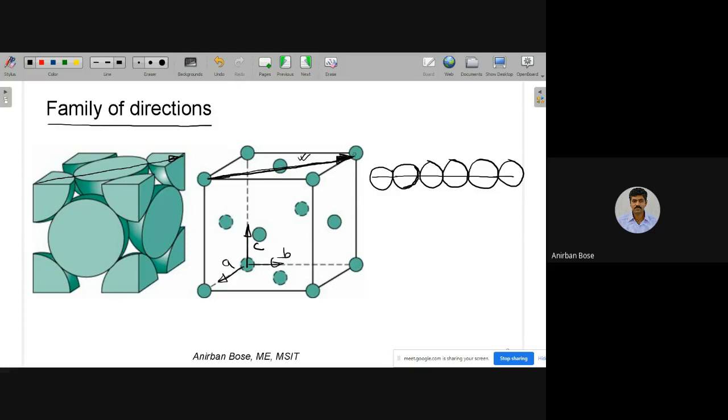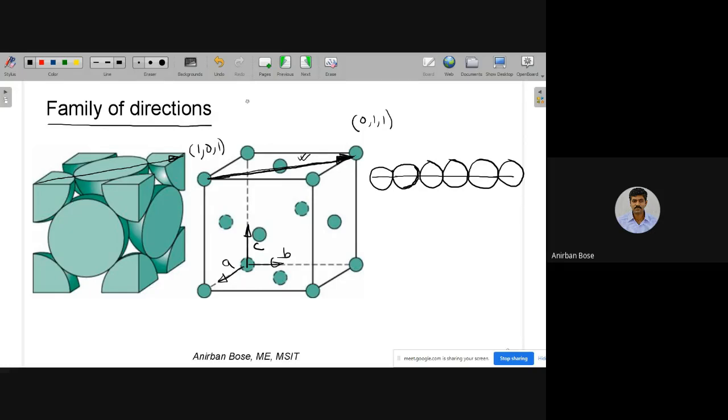It is clear that if you consider this is the head, then what will be the head? Head will be 0, 1, 1. And what is the tail? Tail you can see is 1, 0, 1. Right? Now if you simply subtract head minus tail, what you are getting?